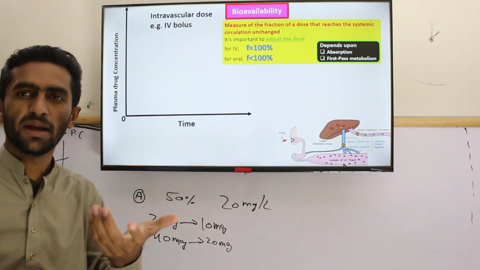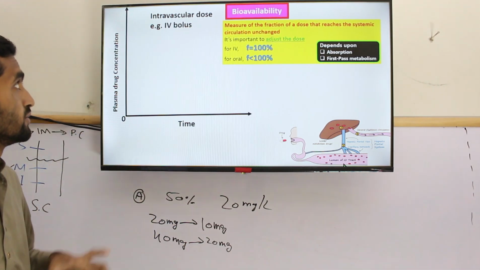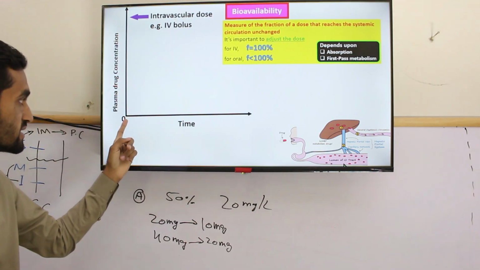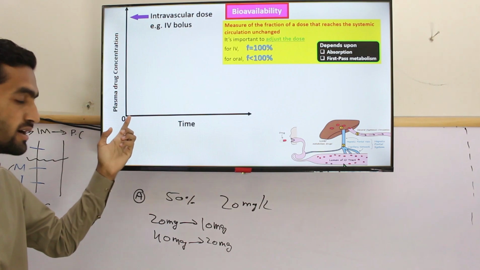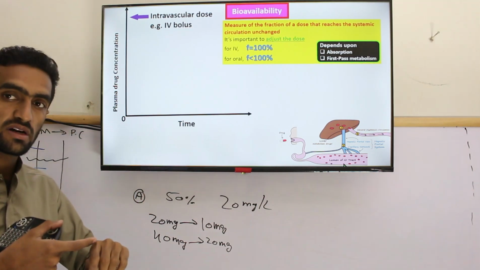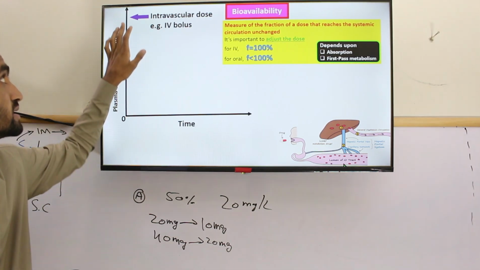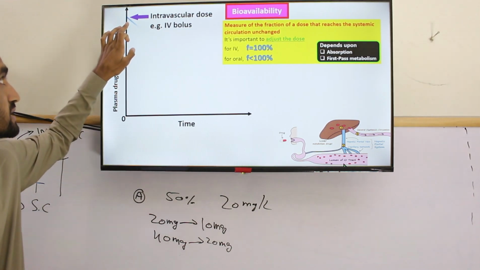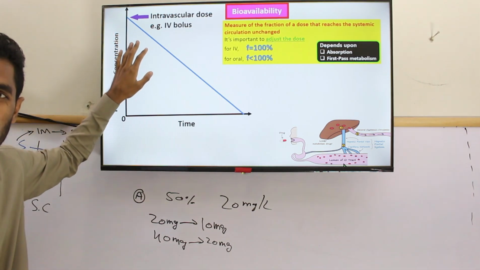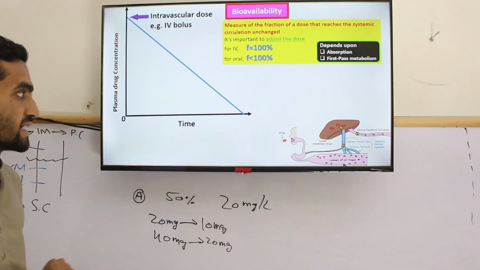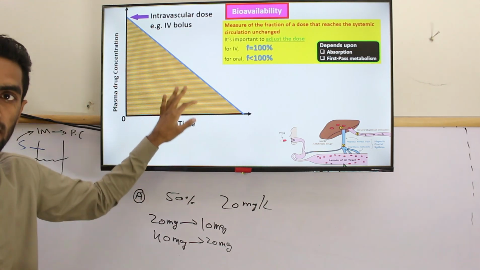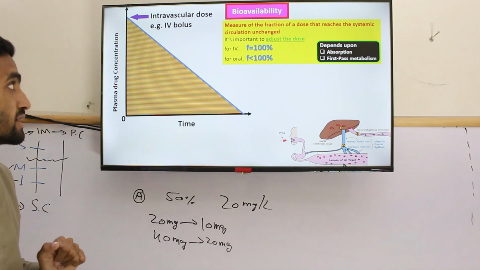We also give an IV bolus in hypoglycemic conditions. So what will happen? As you give the drug, it directly enters your intravenous circulation. Your concentration reaches straight up here like this, and eventually it is going to distribute, metabolize, and excrete. So this is the area for the intravascular.